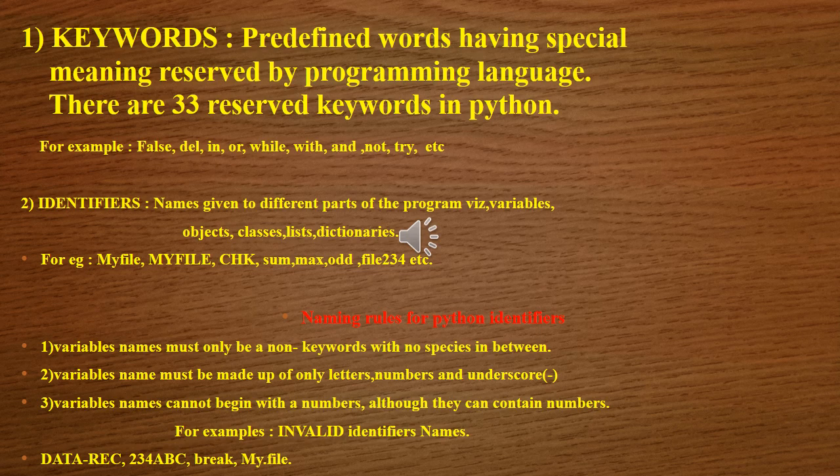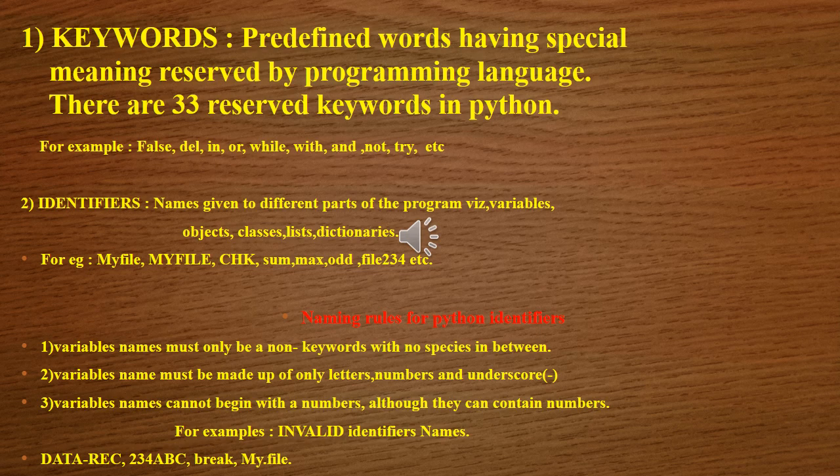Now, identifiers. Identifiers are the names given to different parts of the programs. Parts of the programs means that when we are writing a program, we are writing several instructions, and these instructions involve different identifiers, which include variables, objects, classes, lists, and dictionaries.